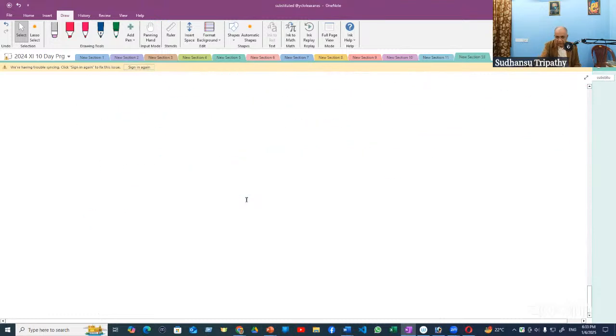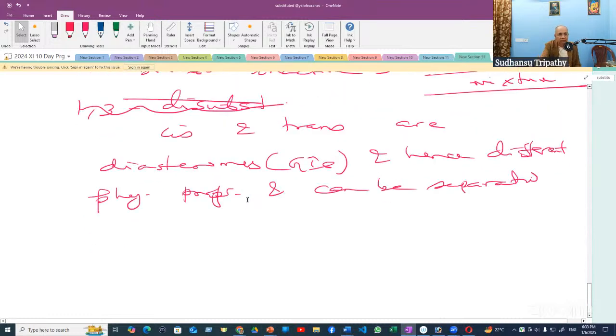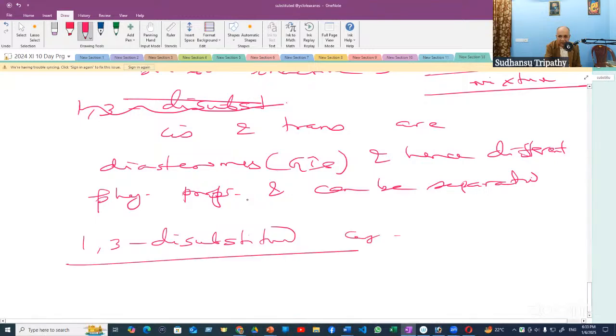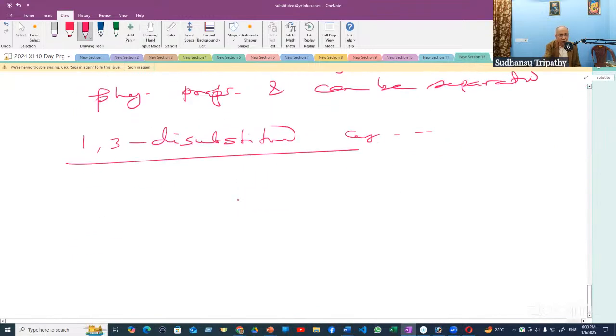Okay. Then coming to 1,3 disubstituted cyclohexane. Here also there are two GIs, cis and trans. I deliberately chose to write cis first, trans second.